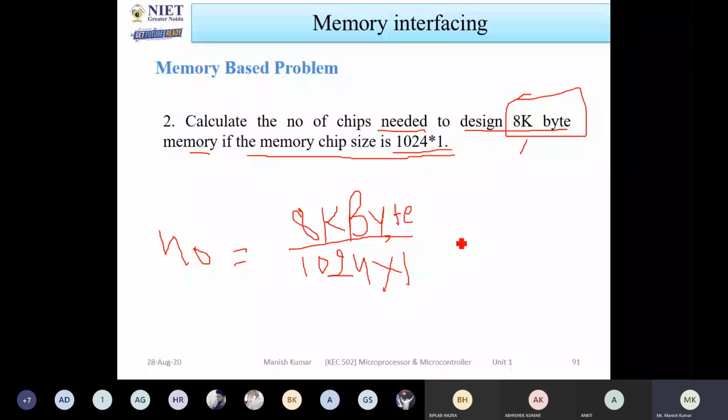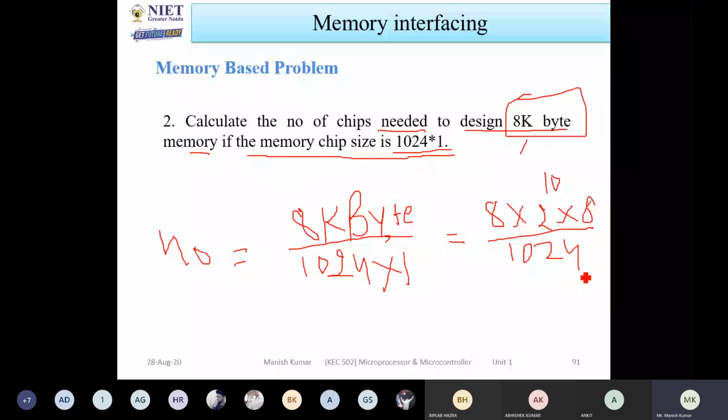Now we have to simplify it. Simplify its meaning, 8 is 8 into kilo. Kilo means 2 to the power 10. 1 byte equal to how many bit? 8 bit, divided by 1024 into 1. So you can write 1024.